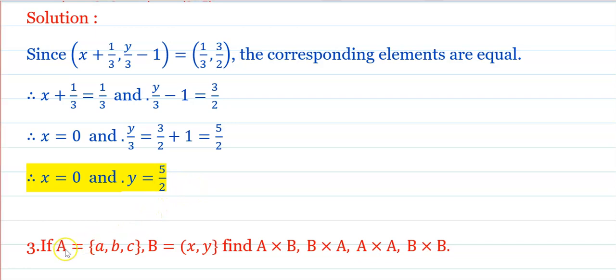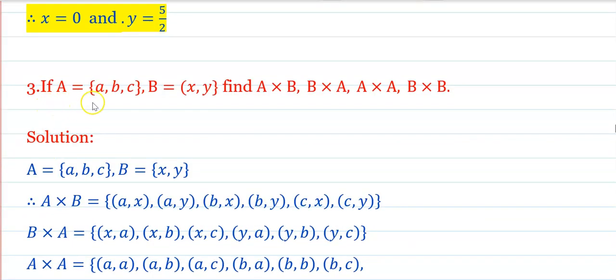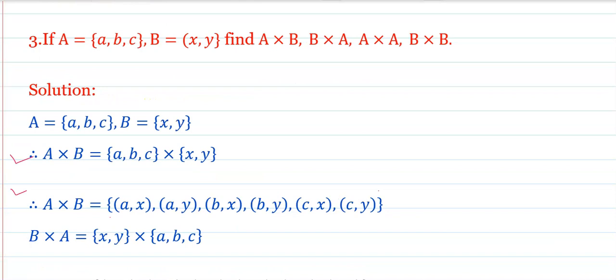It's a very easy example. Example number 3, I will repeat again. A is {a, b, c}, B is {x, y}, then find A cross B, B cross A, A cross A, B cross B. A cross B is {a, b, c} cross {x, y}. Then what are the elements? ax, ay, bx, by, cx, cy, in this way. Then B cross A, that is {x, y} cross {a, b, c}.